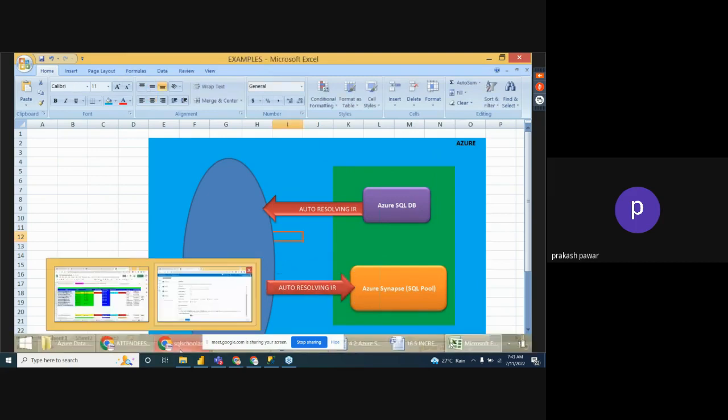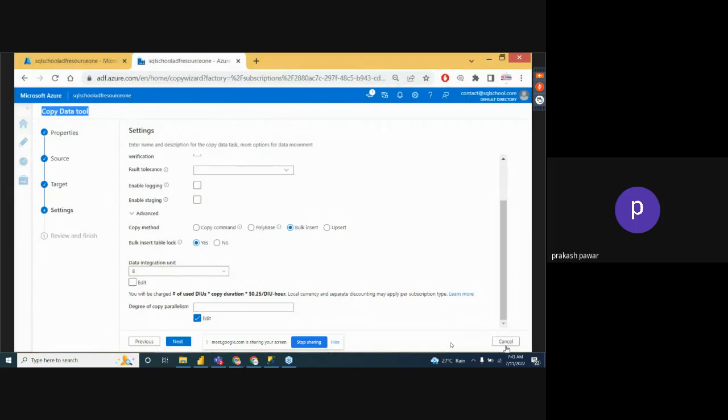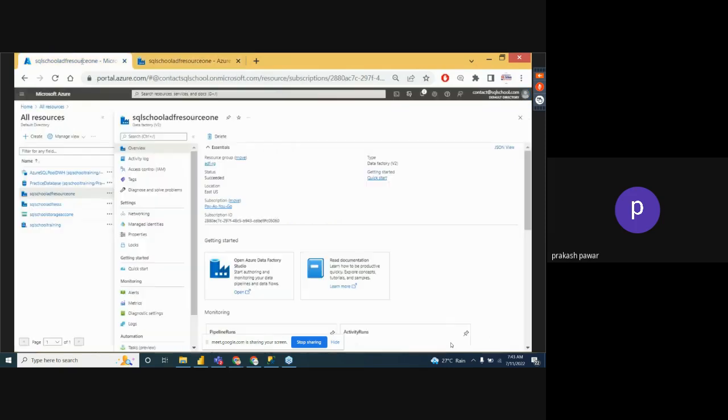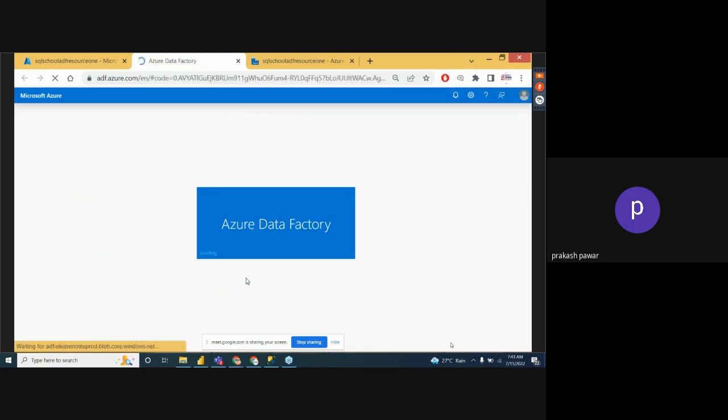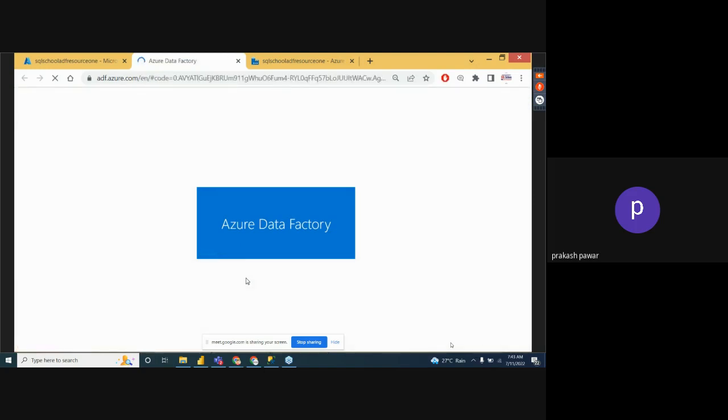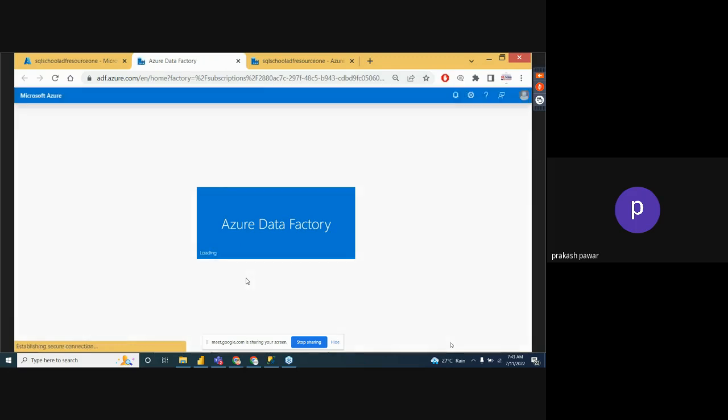Back to our data factory. Yes, your DIUs are ready. Before I proceed, let me show you something. Go to Data Factory Studio. Yes, we can have multiple studio windows ready. What I said just now, auto resolving IR, right?